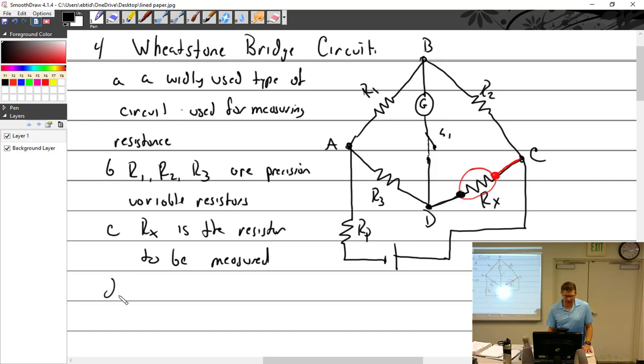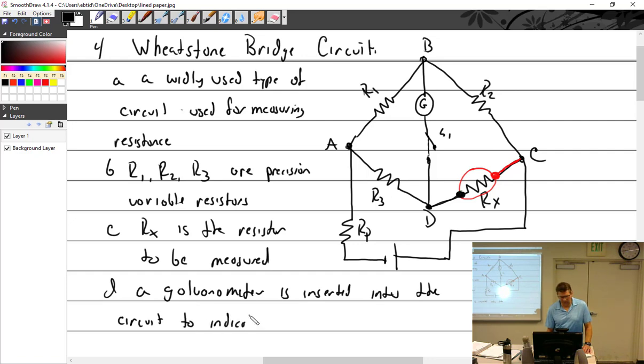A, B, C, D. Say a meter is inserted into the circuit to indicate the condition of balance.